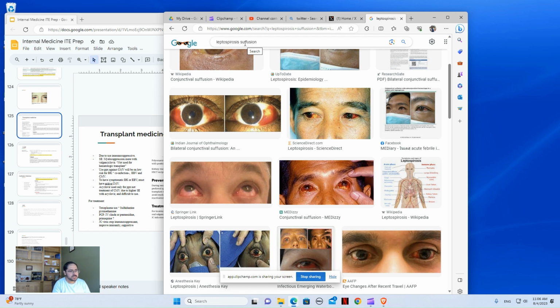For treatment, if the patient has a BK virus, if a patient has CMV virus, you need to improve their immunity. So you have to stop the immunosuppressants. And if you think about CMV, you need to treat CMV.